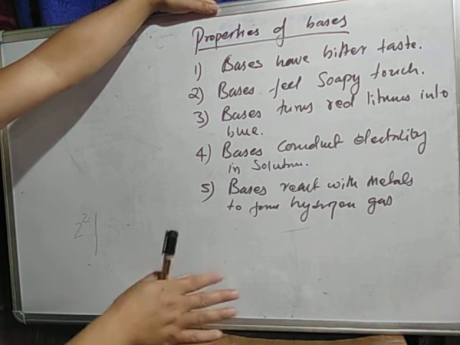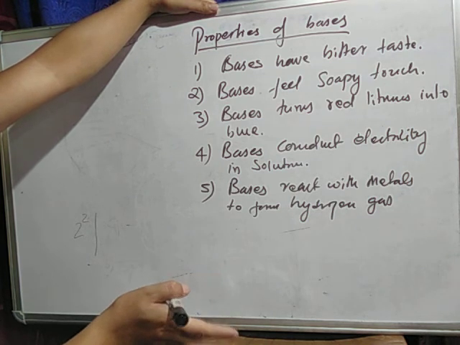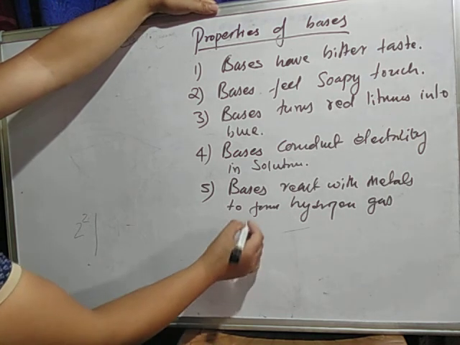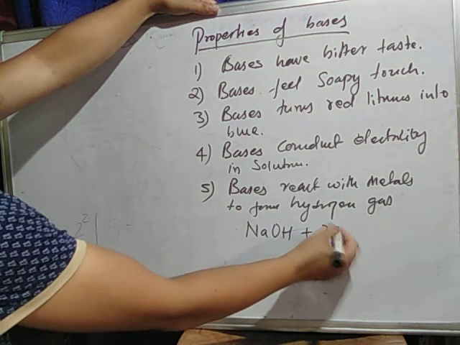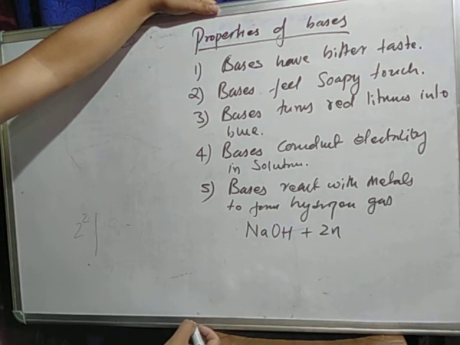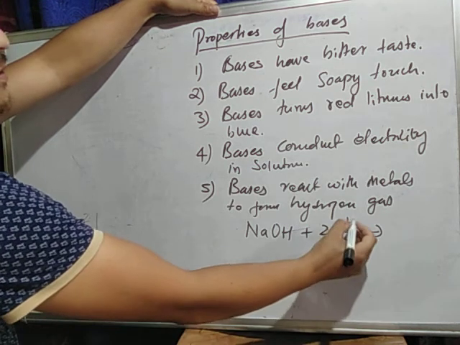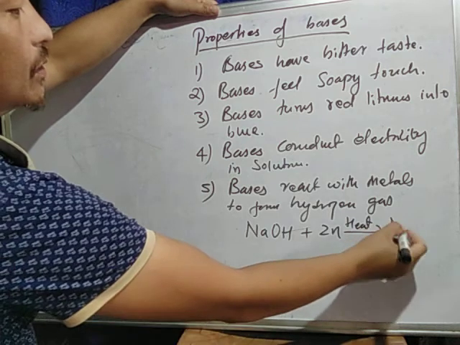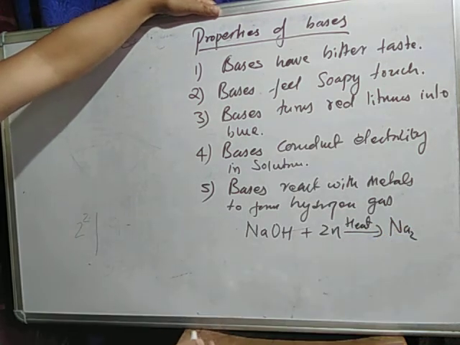Acid is the opposite of base, some teachers may say, but first compare the property. For example, sodium hydroxide is your base, reacting with zinc as a metal. If you heat it, you'll get sodium zincate and hydrogen gas, isn't it?